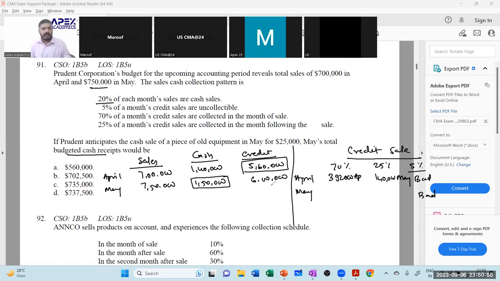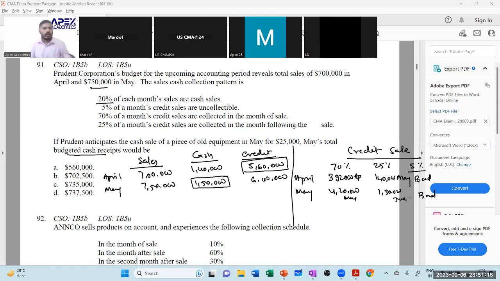Now let's talk about May. 70% of 6 lakhs: 7 6s are 42, so 4,20,000. 6 lakhs multiplied by 25%: 6 lakhs ka 50% is 3 lakhs, and half of that is 1,50,000. This is May.